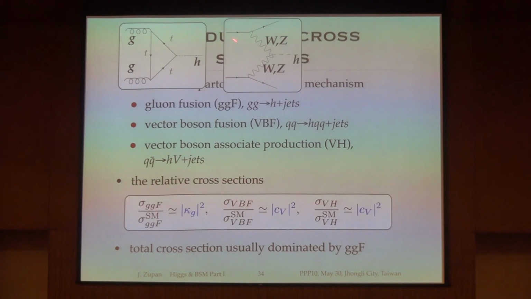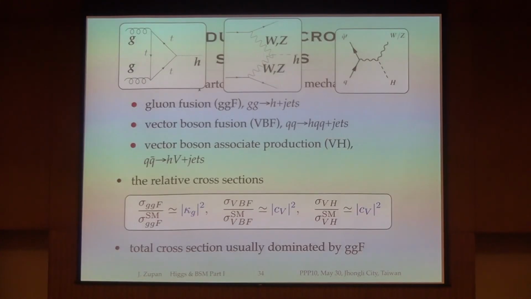If you have vector boson fusion, where the partons emit W's going into the Higgs, and you change the coupling between the Higgs and the W, this will change the cross-section, so the vector boson fusion will now be CV squared times the standard model vector boson fusion. The associated production scales the same way: there's a coupling of the Higgs to WW, and it scales as CV squared.